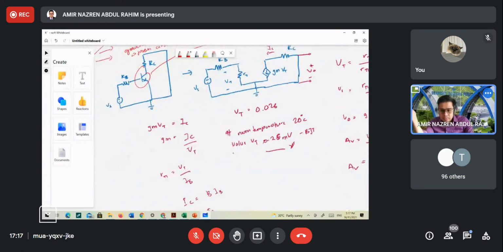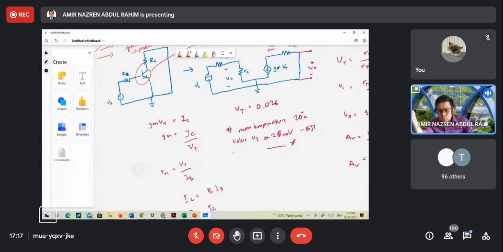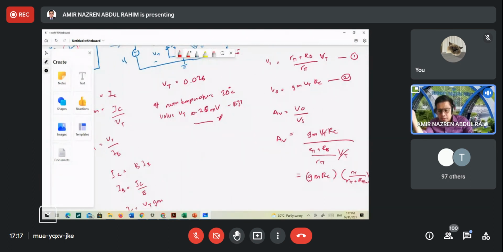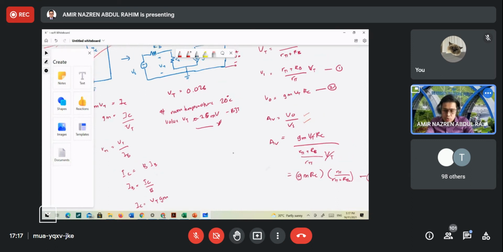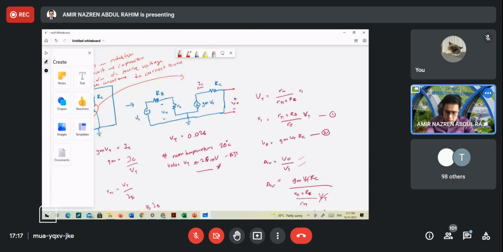So the ultimate calculation that we want to find is the gain. To find the gain, we need to divide Vout over Vs. The Vout formula is gmVT times RC. How do we know this formula? Vout is located at the right side.